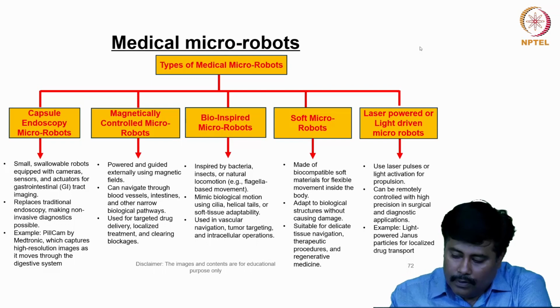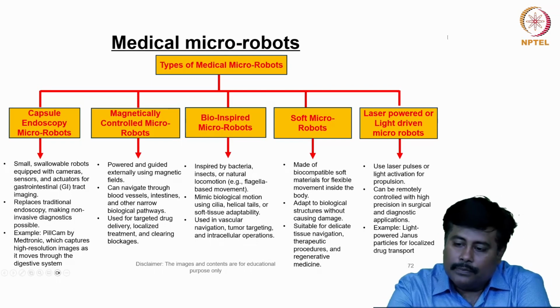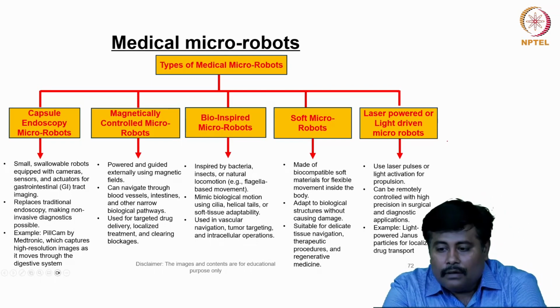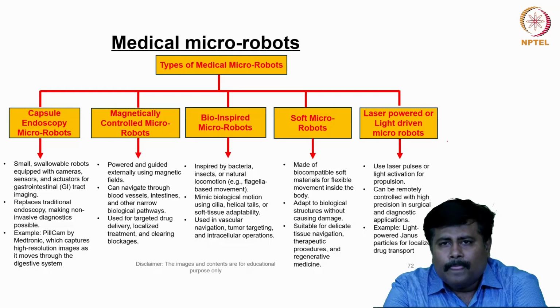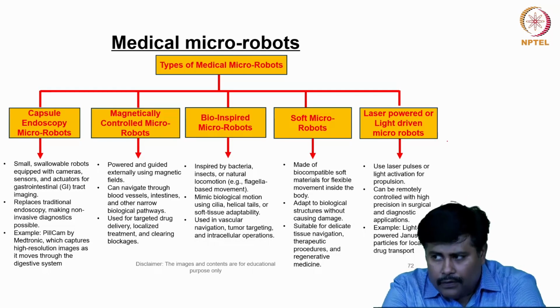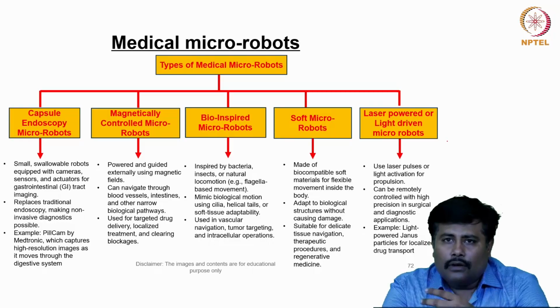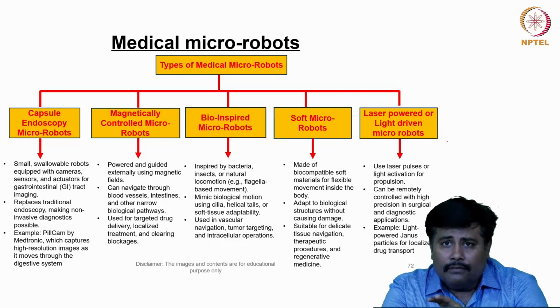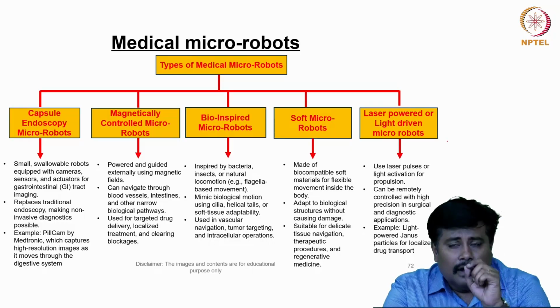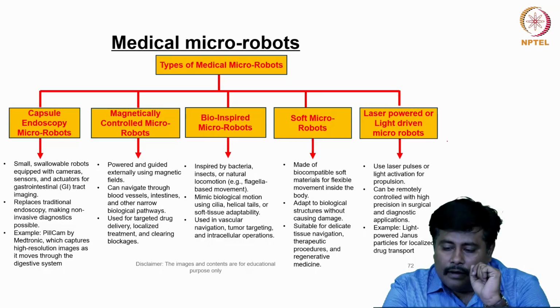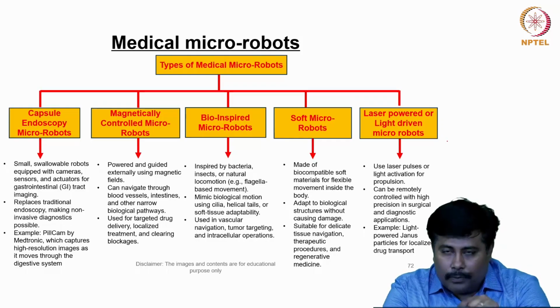Now, the other classification works on the principle of laser powered or light driven micro robots. These are non-contact systems which are effectively deployed for different applications. In order to activate these micro robots, a laser pulse or light activation is used for propulsion.